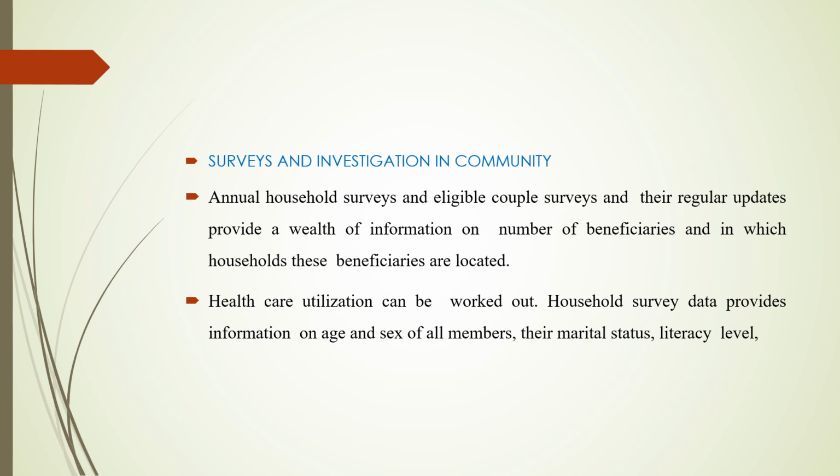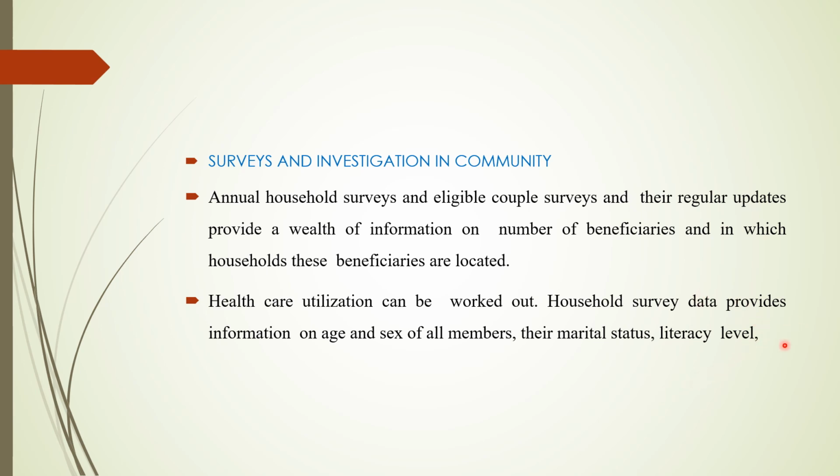The next step is surveys and investigation in the community. The annual household survey and eligible couple survey and their regular updates provide a wealth of information on the number of beneficiaries and in which household these beneficiaries are located. Healthcare utilization can be worked out.